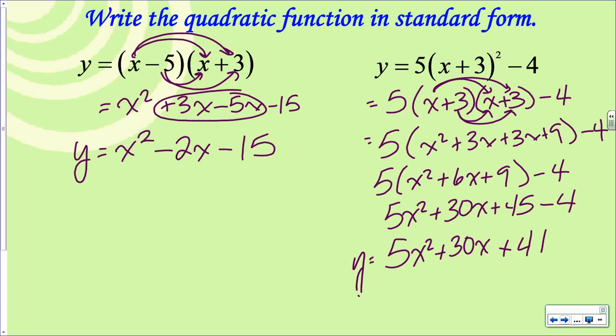And there's examples in your book. 5 times 9 is 45, yep. Yeah, because they're the only like terms. This doesn't have an x, right? So I'm only going to subtract my constants. Okay? Erin, any other questions? Or are we good?